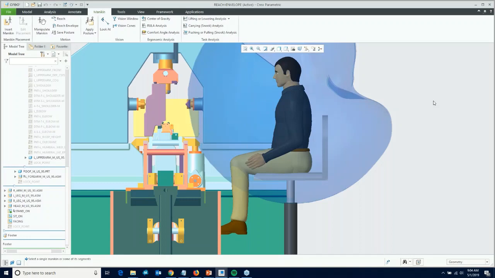You can also swap one human model for another to test the full range of the population data that you're targeting. Again, it makes Creo much easier to use, and means you can start to design with the end in mind, with the human who's going to be interacting with your product, right?